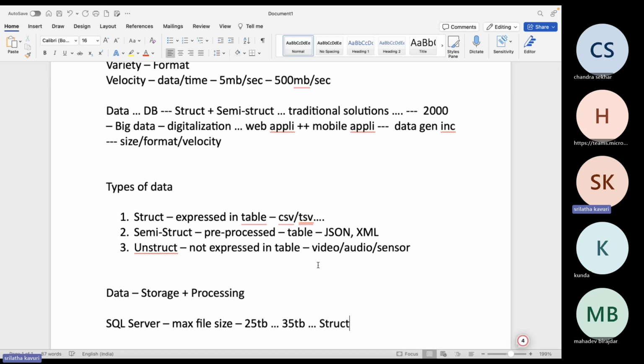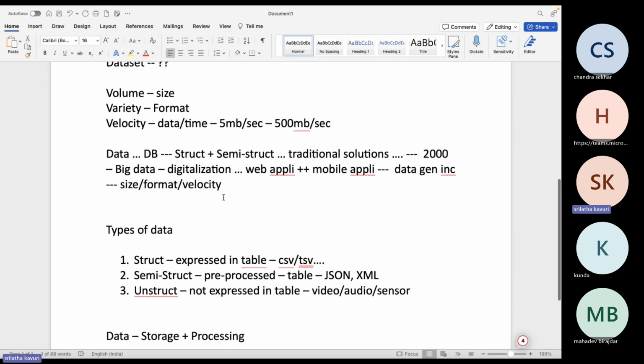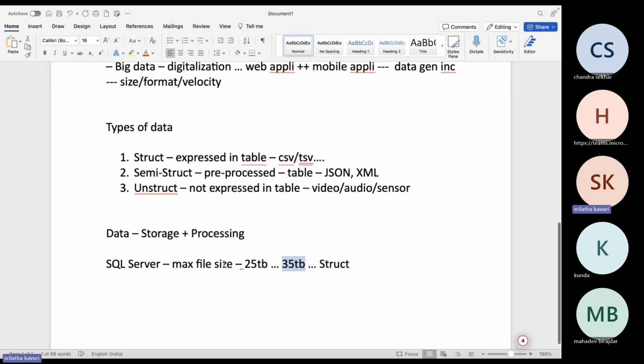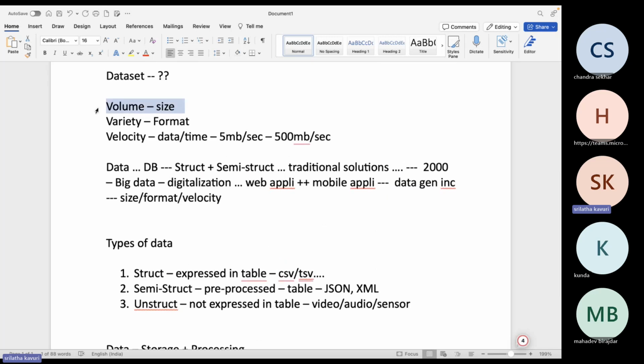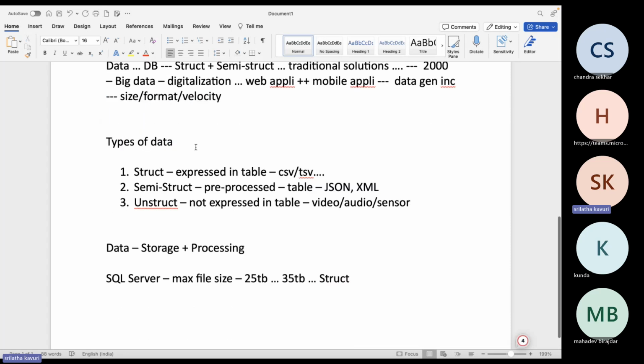If the server capacity is 25 TB and you're getting data of 35 TB, the problem is not with the format or with how much data is being generated in a given time. The problem is the size of the file. So this data set will become big data because of the volume, but not because of the variety or velocity.